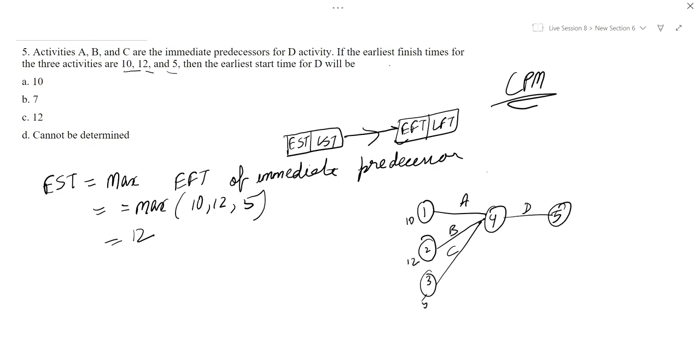Then the earliest start time will be the maximum finish time, which is 12. We will always take the maximum of the early finish time of the immediate predecessors.